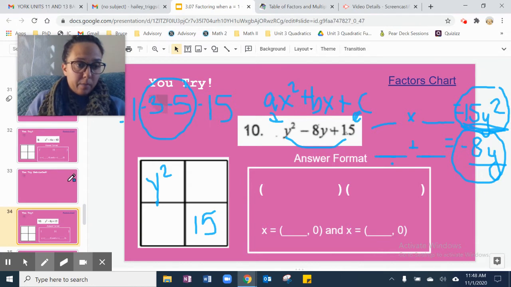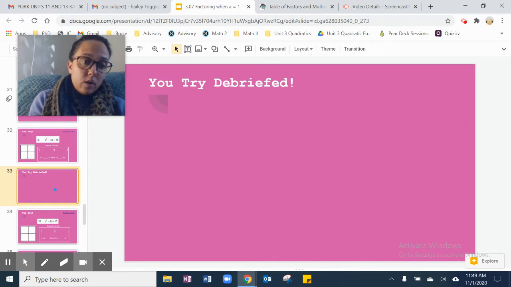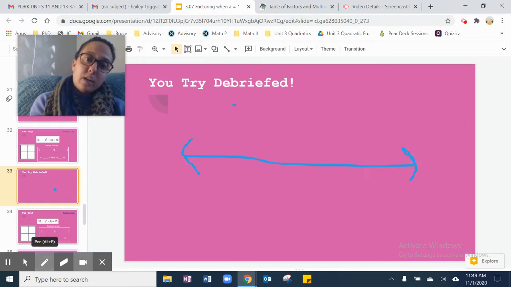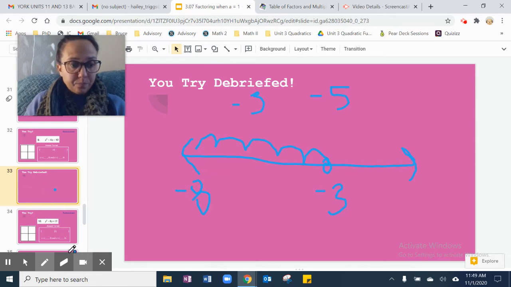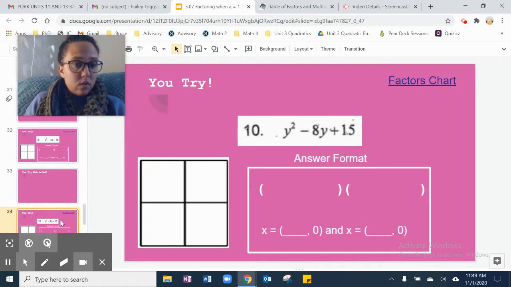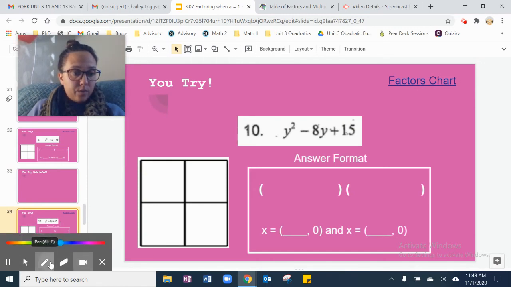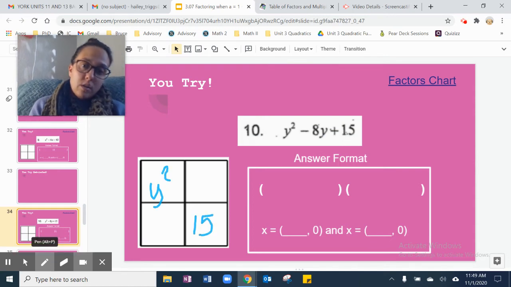because on the number line, if we thought about this, negative 3 and negative 5, let's say we started on negative 3 and we go back 5, 1, 2, 3, 4, 5, that puts us at negative 8. So we are going to use negative 3y and negative 5y.